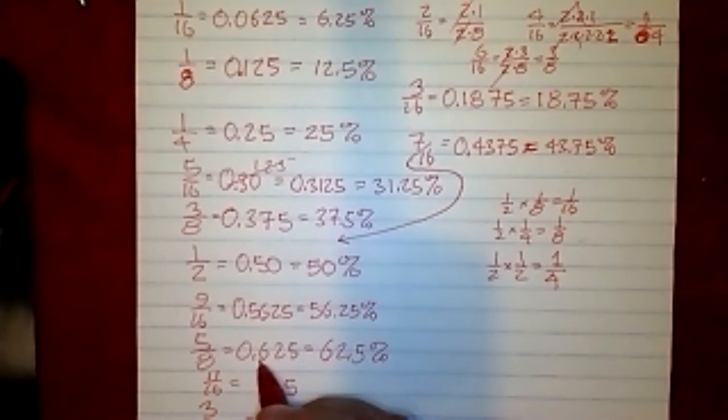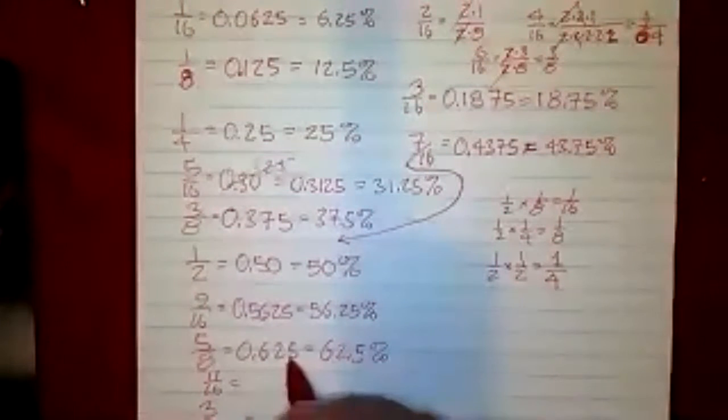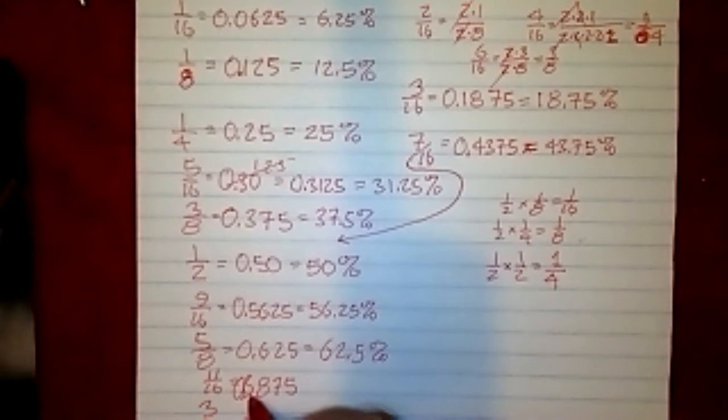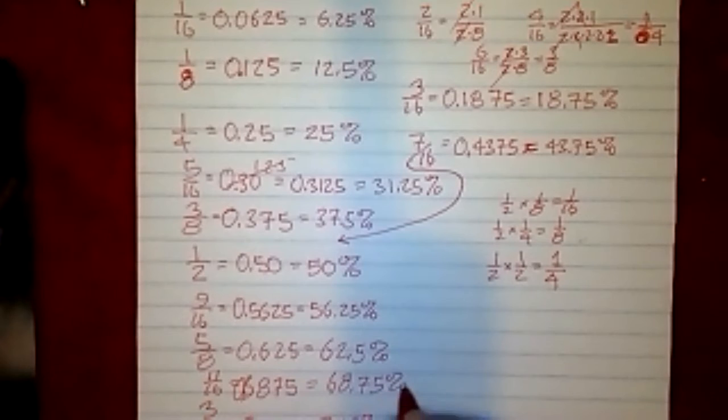And then 7, and then an 8, and then 6. So it's 0.6875, which is 68.75%.